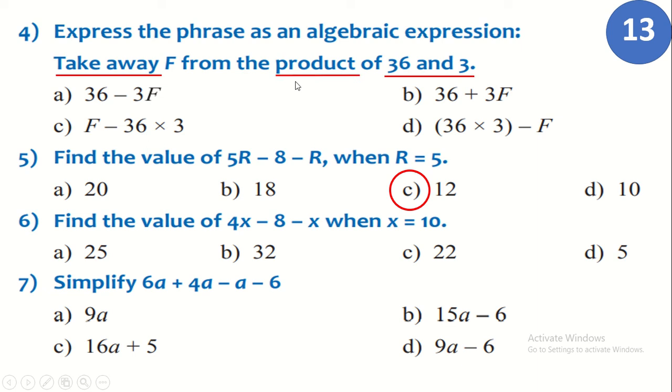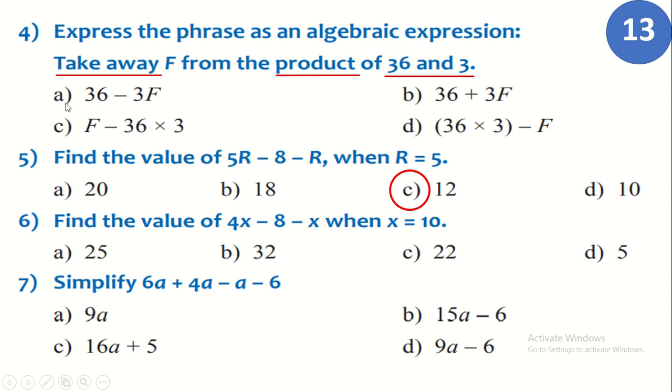And then product of 36 and 3. Product means multiplication, the answer of multiplication. You have here multiplication and subtraction. Which one? Here you multiply 36 and 3 first. Which one? 36 times 3.